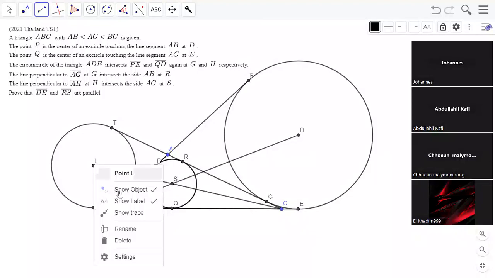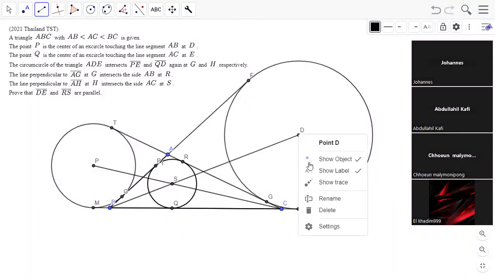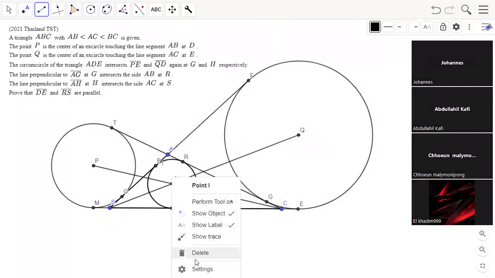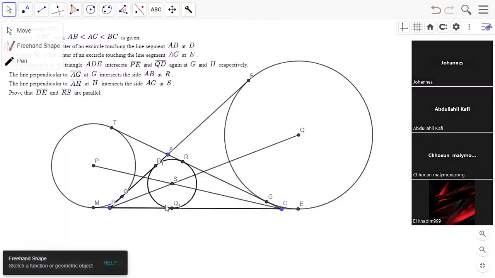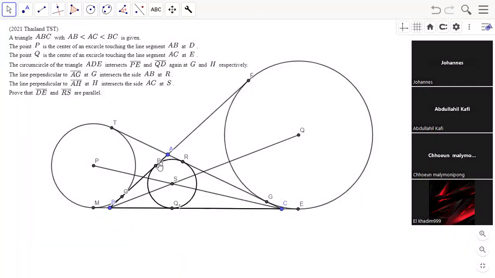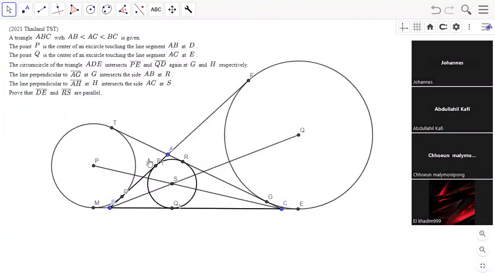So this is P, and this is Q. Let's change this to... Oops. Okay, I'll change. It doesn't want me to.